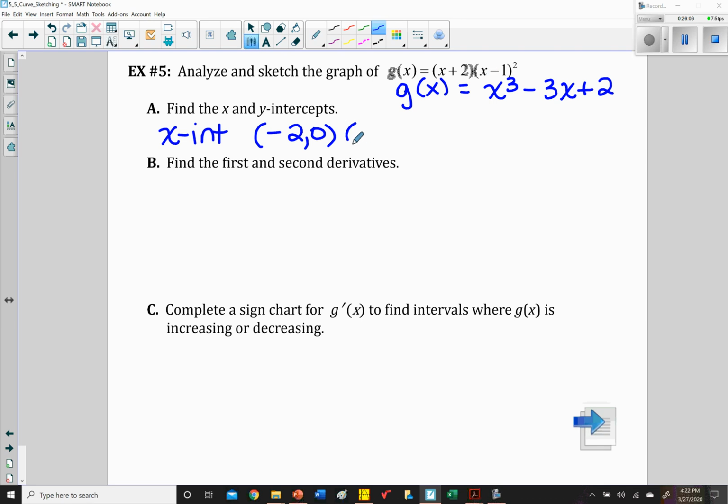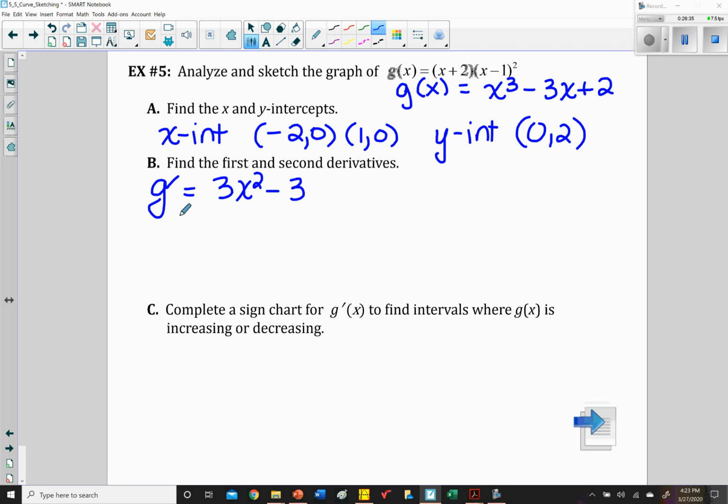We have duplicate roots at 1, 0, which means if the multiplicity is 2, the graph is just going to touch and turn around. We learned that in Algebra 2 and Pre-Calc. If you put a 0 into the expanded form, we have a y-intercept at 2. And taking the first and second derivative, the first derivative is 3x squared minus 3.